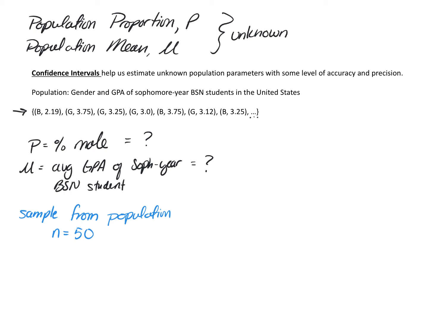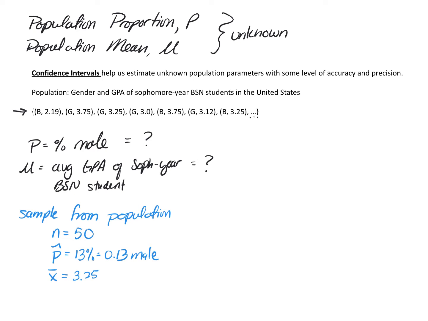And we find out that from our sample proportion, which is P hat, 13%, which I'll write as a decimal, are male. And then let's also assume that these 50 students from our sample have a mean GPA, so our sample mean X bar is 3.25.